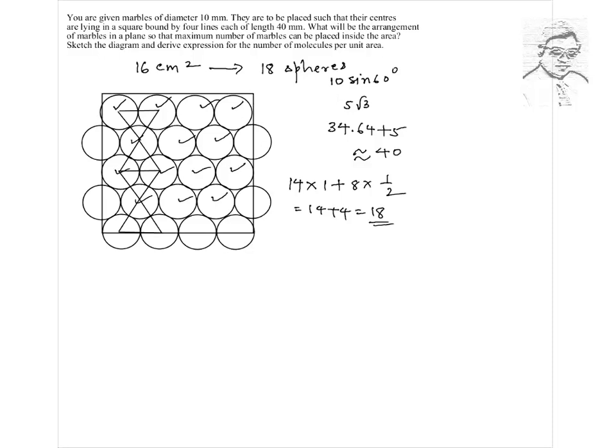And therefore, 1 centimeter square, 18 by 16. 18 by 16 should be the answer. Very close answer. 1.125.